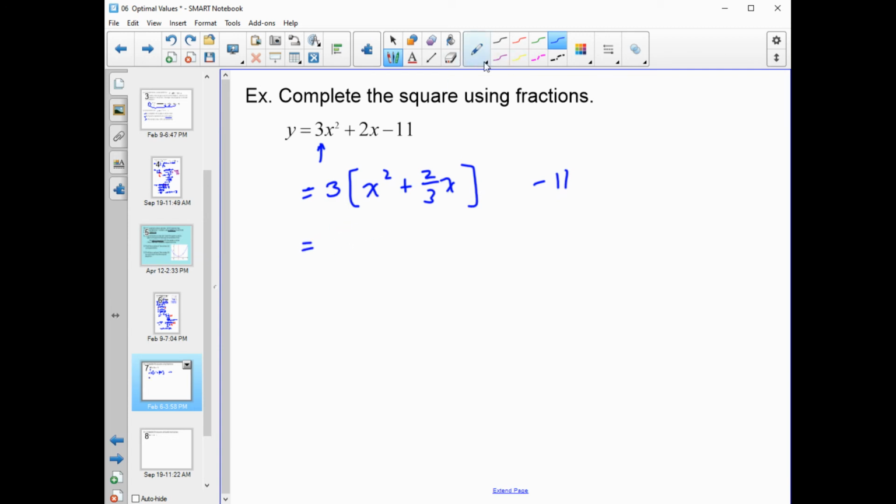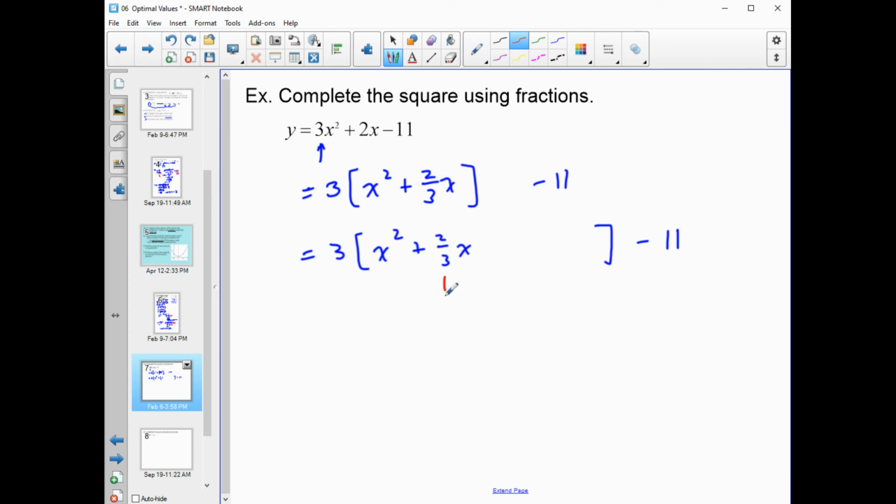I'm sorry, it'll be easier if I do it underneath. So I'm going to rewrite x squared plus 2/3 x. You could even write this extra stuff out on the side there. We're not changing the 11.